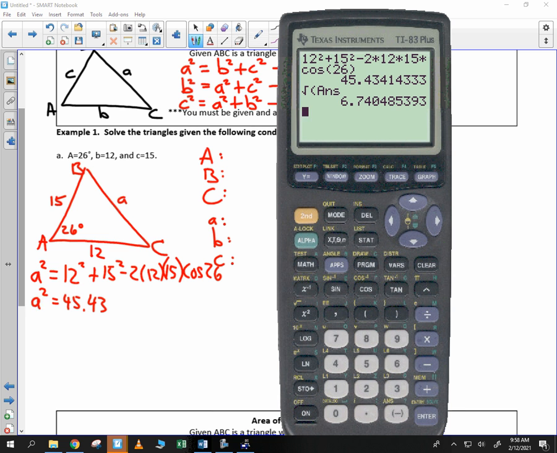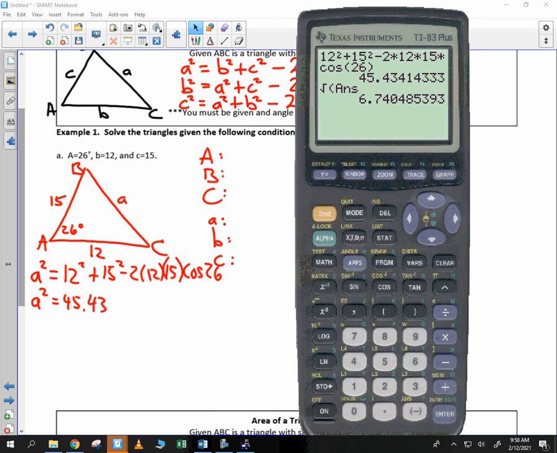So let's label what we have so far. And the rest should be pretty easy to solve. What I have is that side A is 6.74, side B is 12, side C is 15, and angle A is 26 degrees. So those are the 4 parts I've now found.